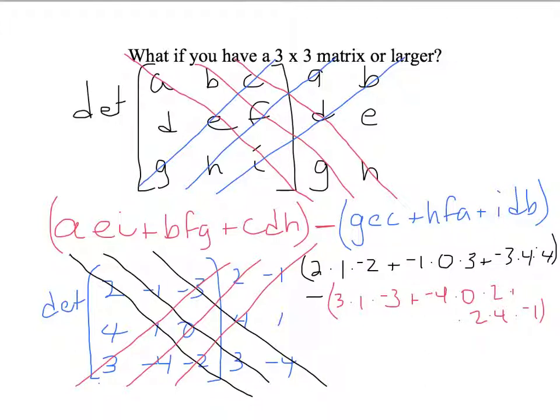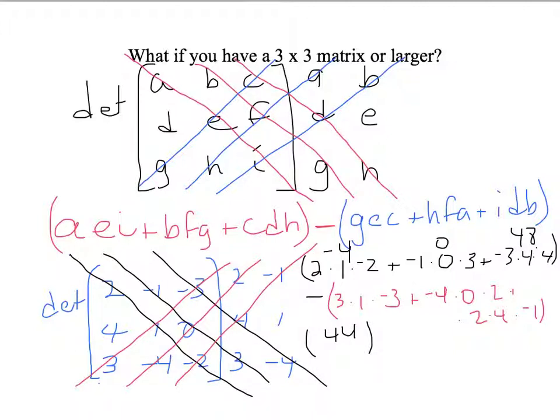Okay, so I have the first sum. 2 times -2 is -4. So I have -4. -1 times 0 times 3 is 0. -3 times -4 is 12. 12 times 4 is 48. So I have -4, 0, and 48. I add them up and I get 44.